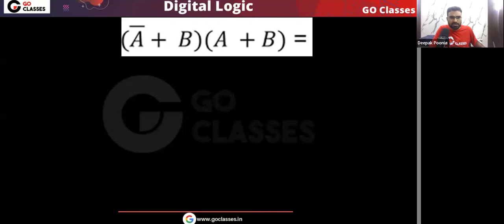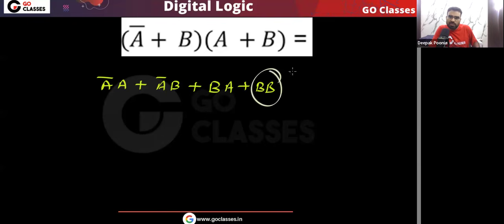Let's simplify this expression. Here also we can just multiply: A bar with A, A bar with B, B with A, B with B. So here you will get A bar A or A bar B or B A or B B. Now very simple point, that B B simply means B, and A bar A simply means 0.